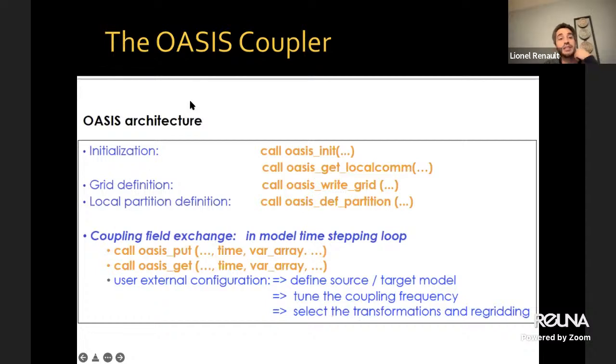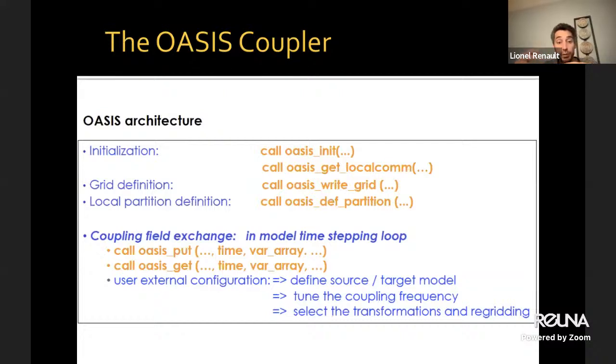So basically, that is the OASIS architecture. First, OASIS has to initialize. There are two routines here; that one is for MPI. Then it will initialize the grid, so the grid's definition, for example, the CROCO grid and the WRF grid.